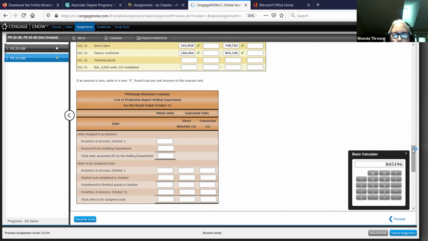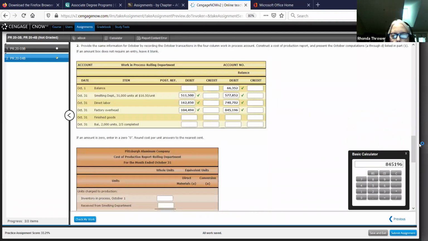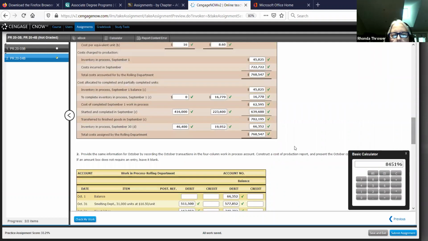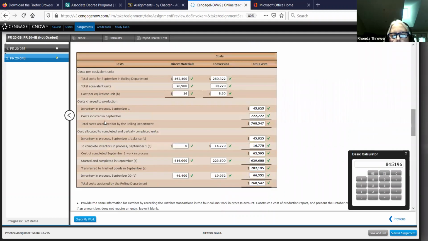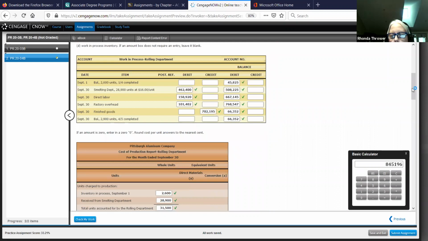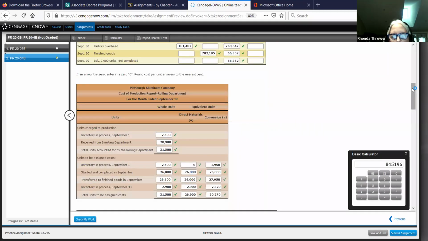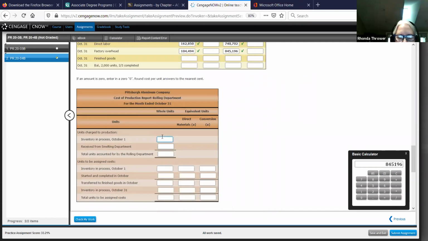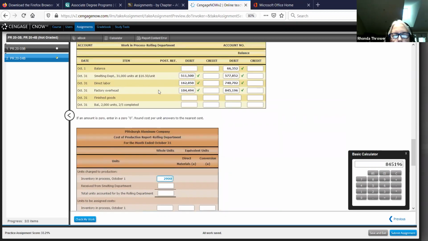Our beginning inventory for this month came from last month's ending balance. We had 2,900 units that were 4/5 complete. But there are 2,900 whole units that we're going to start with. Then we received 31,000 in from smelting.